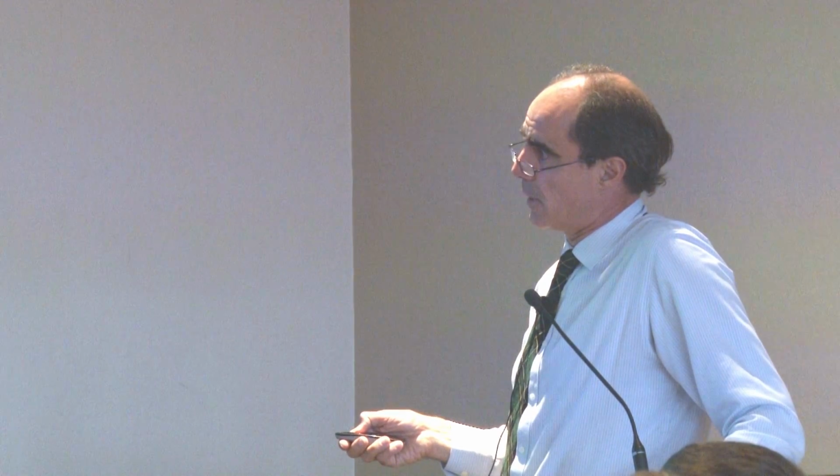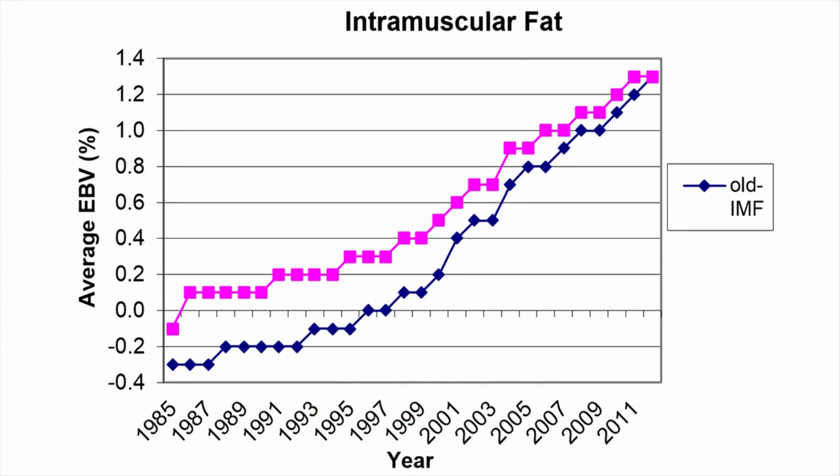Intramuscular fat, there's a bit more difference between the old, which is the old trend, and the new, and it really just says to me that what we now know about Angus cattle says their marbling, even back here, was a bit better than we thought it was genetically. So the marbling was a little bit higher back here than we thought, but the trend, particularly in recent years, has actually been pretty right, and very similar.